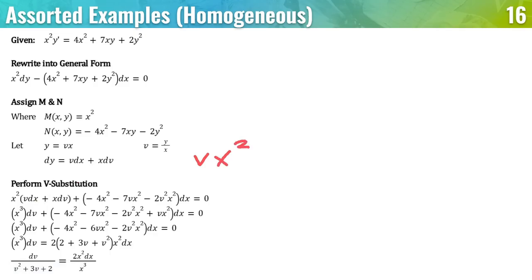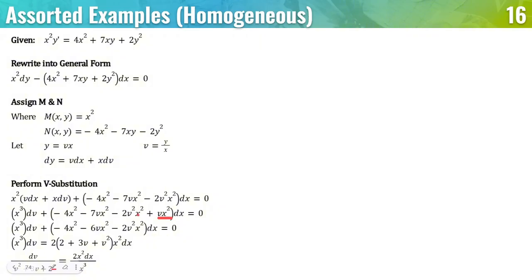Since the dx is still outside here, when I put the vx squared in here, I just put it as vx squared. So no need to remove the parentheses and make the computation longer. Yeah. So now inside this parentheses, we add like terms.